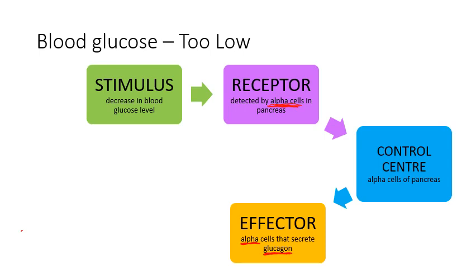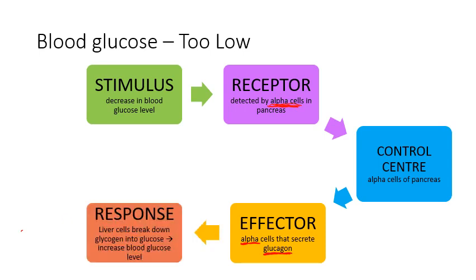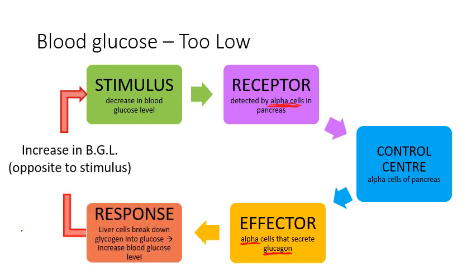So I guess you can probably guess what our response is. The glucagon is now causing the liver cells to break down the stored glucose, which we referred to as glycogen. And that stored glucose gets released back into our bloodstream, which would give us an overall increase in our blood glucose levels.